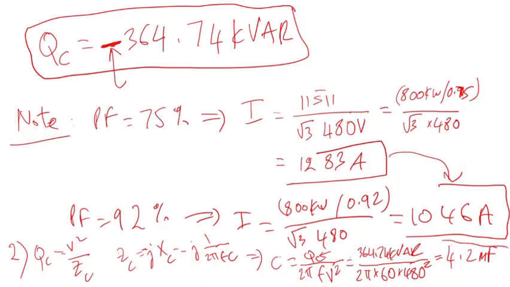That is the capacitance of this capacitor. So the reactive power that the capacitor bank would need to correct the power factor from 75% to 92% is 364.74 kilovar, and the capacitance is 4.2 millifarads. That's it for this video. Thank you and have a great day.